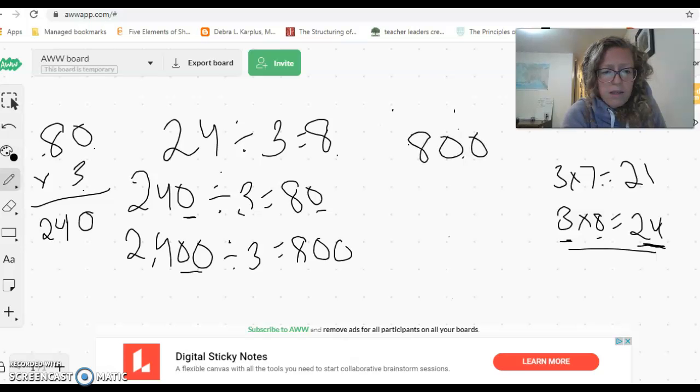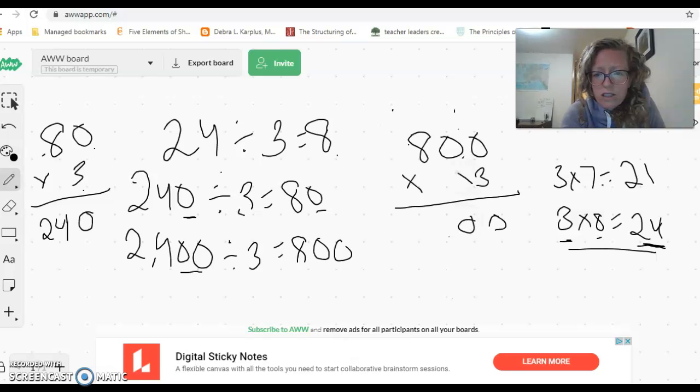And I'm doing that because it's going to be easier, and it'll show us how these numbers are connected a little bit better. So 3 times 0 is 0. 3 times 0 is 0. 3 times 8 is 24. What do I get? 2,400. Am I on it? Absolutely.